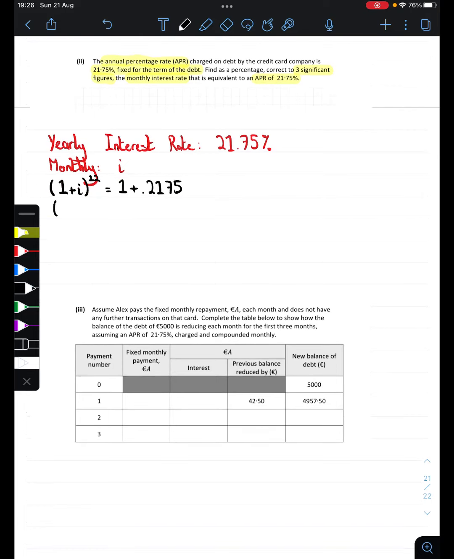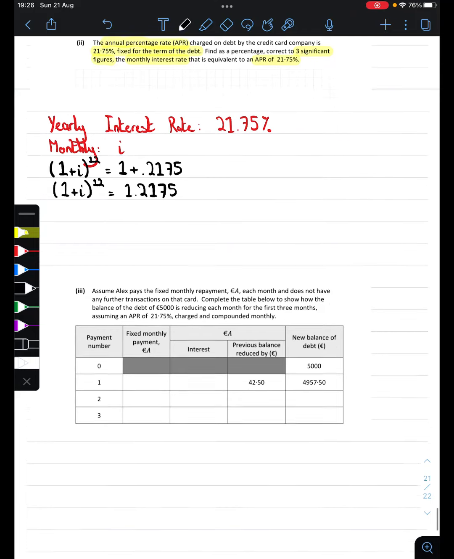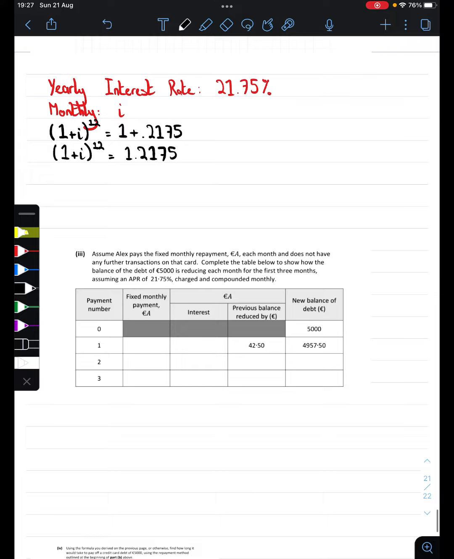So now we have this equation which we can then solve. 1 plus I to the 12 equals 1.2175. And now we just take each side to the power 1/12. So we get 1 plus I equals the right-hand side, 1.2175, to the power of 1/12.